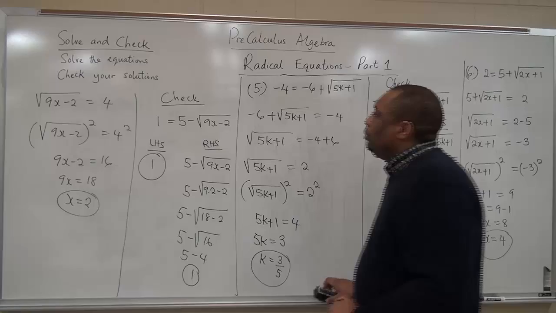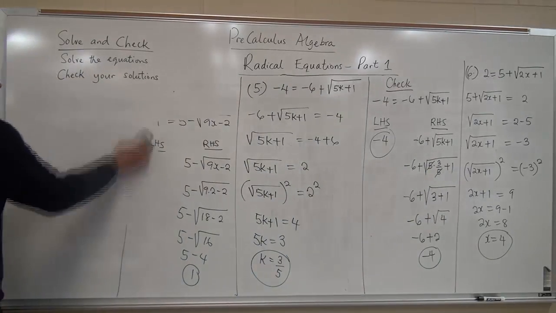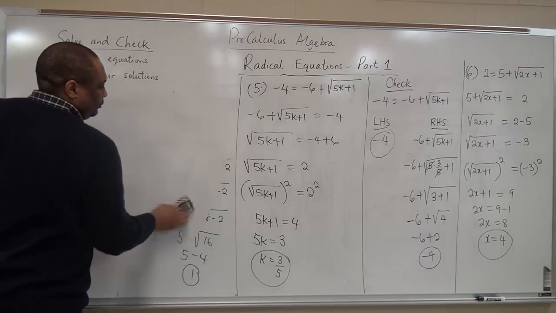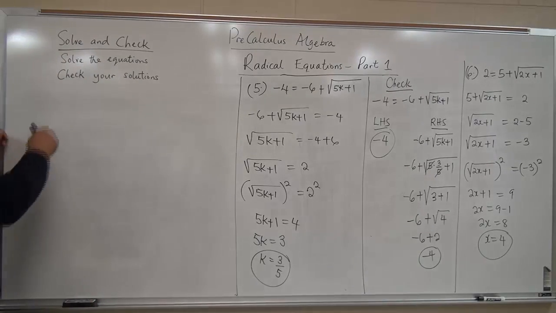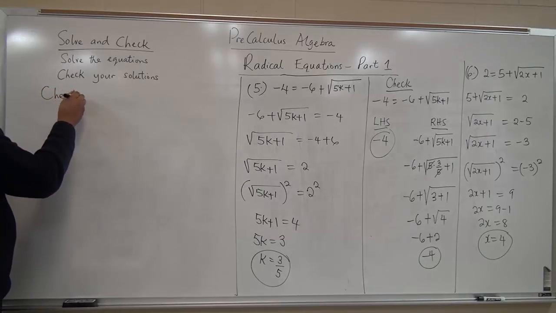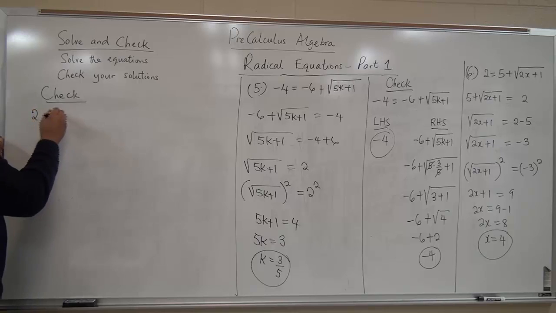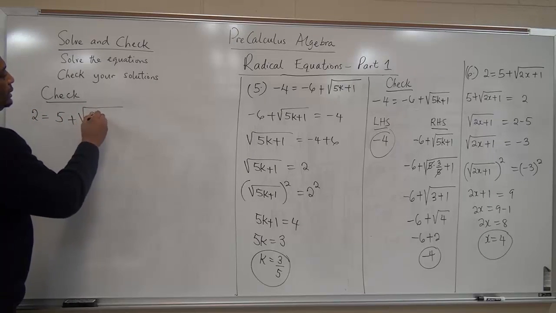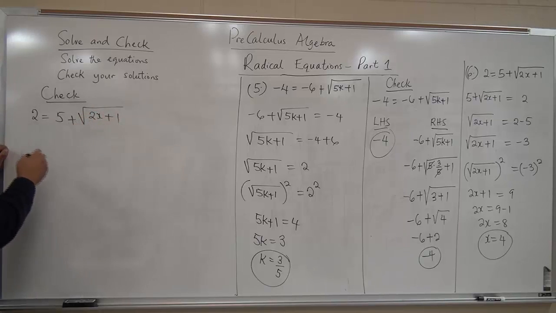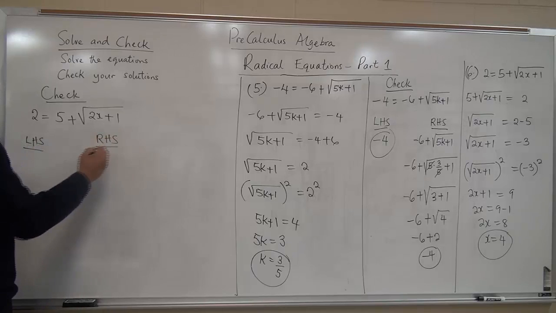And what do you do now? You check your work. So we write check. We write the main question. 2 is equal to 5 plus square root of 2x plus 1. Left hand side, right hand side.